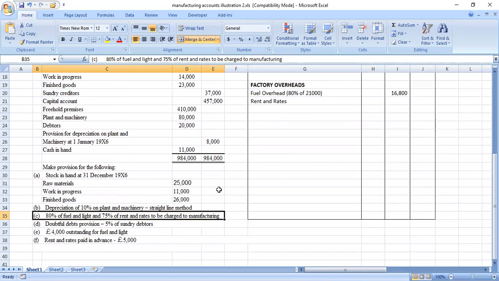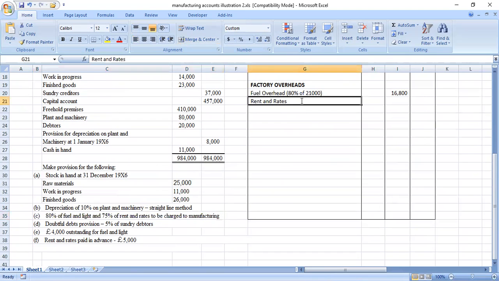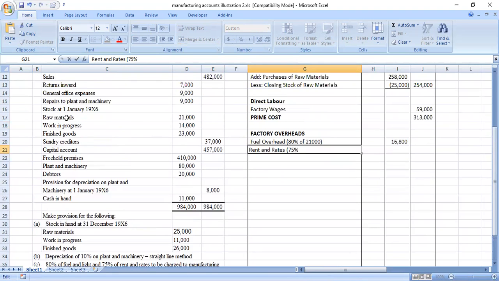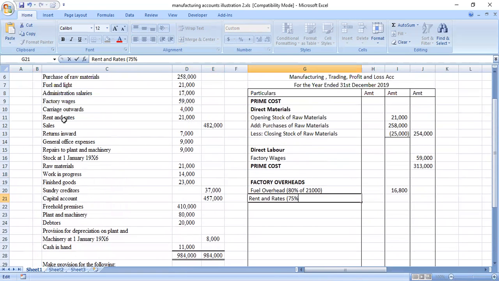So we take 75% to go to manufacturing. Can you see my cursor? Rent and rates is 21,000. So 75% of 21,000 is how much?